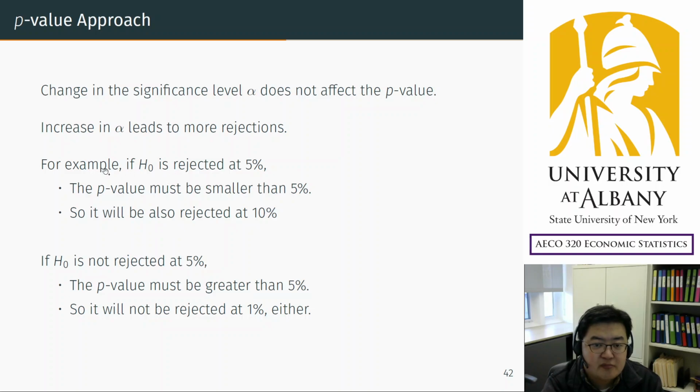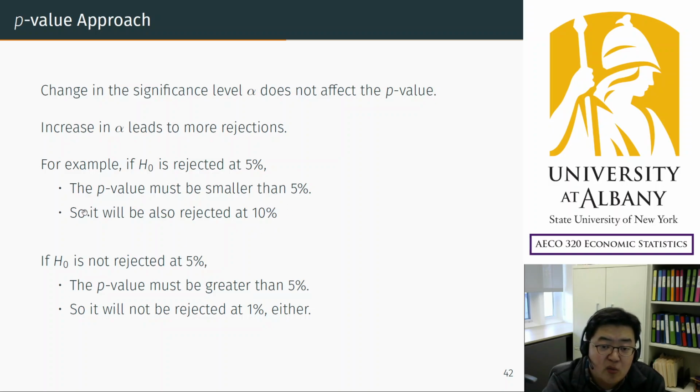For example, suppose that H0 is rejected at 5%. If you increase the significance level to higher than 5%, then it will always be rejected, because it means the p-value is smaller than 5%.